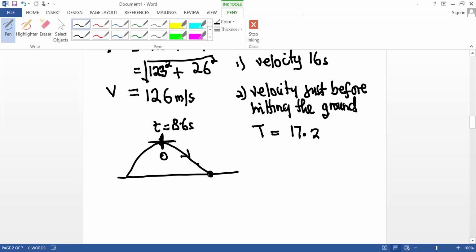At this point, when it is returning, if you want to find the vertical velocity after 16 seconds, of course, you use u sine theta minus gt.